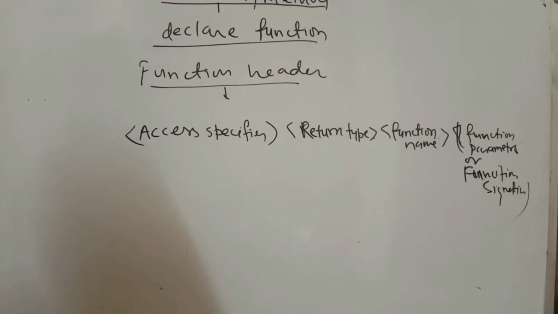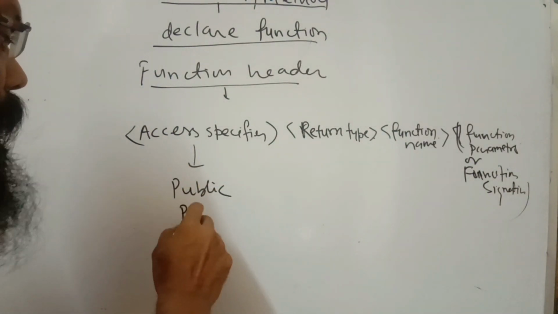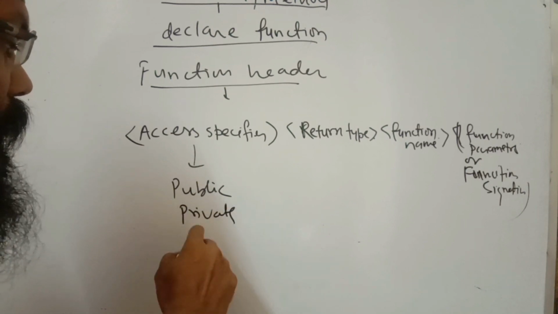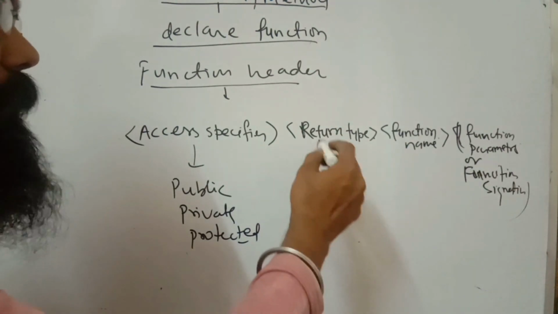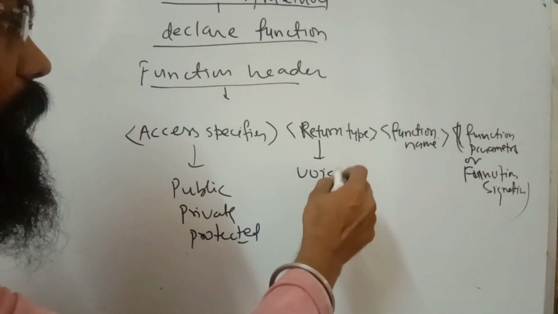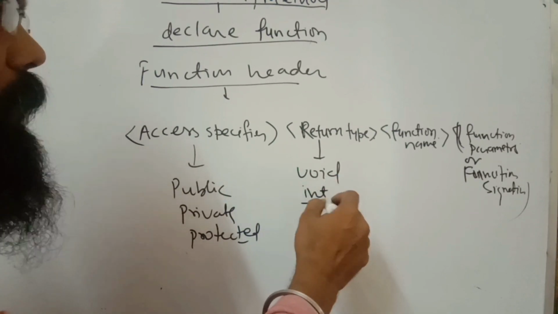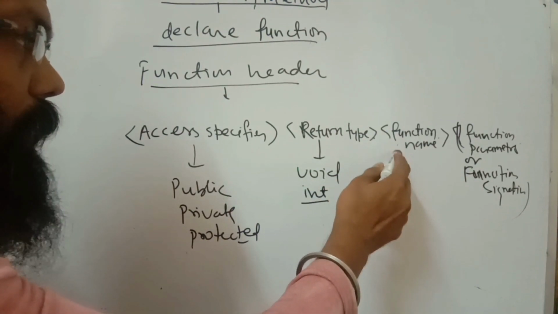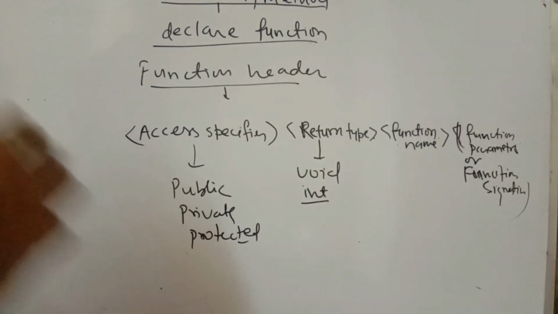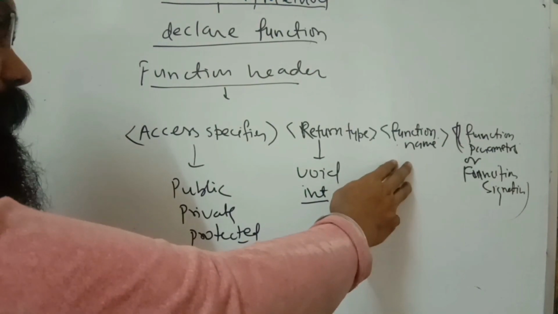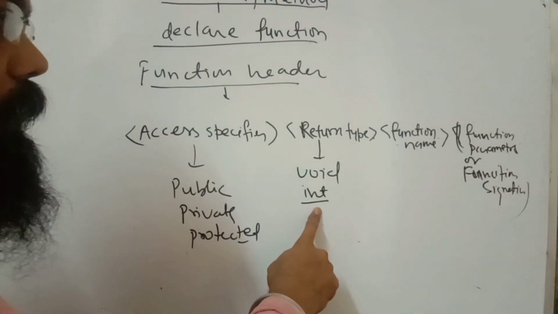Access specifier is public, private or protected. And for the return type, if there is no return type then you write void. If there is a return type like integer or double, you put the function return type required from your own function, according to the return type.